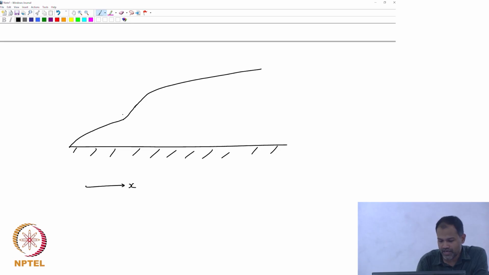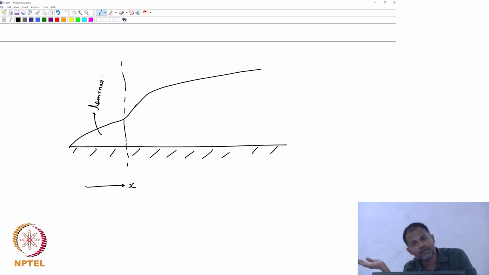Up to here the flow would be laminar, and beyond that point the flow would turn turbulent.